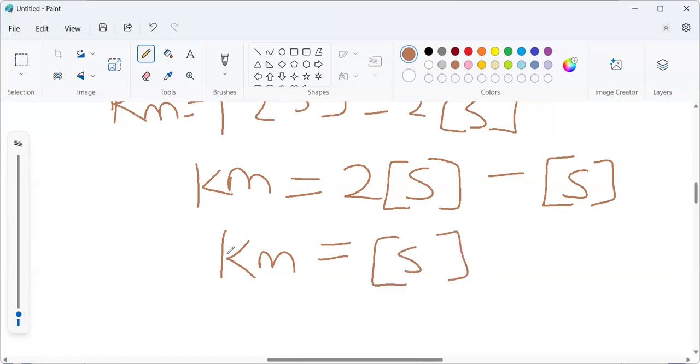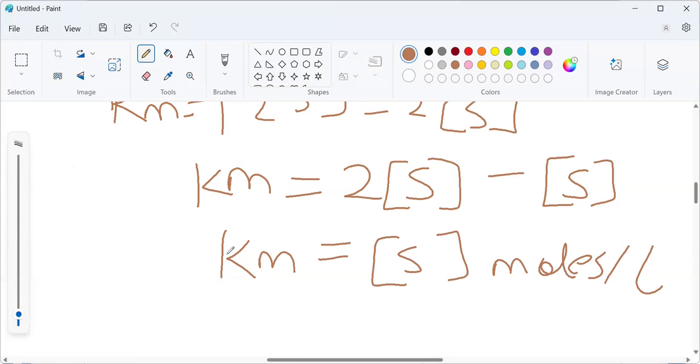K stands for the constant and M stands for Michaelis. So the Michaelis-Menten constant is defined as the substrate concentration, expressed in moles per liter, needed to produce half of the maximum velocity in an enzyme catalyzed reaction. It indicates that half of the enzyme's molecules, which is 50%, are bound with the substrate when the substrate concentration equals the Km value.